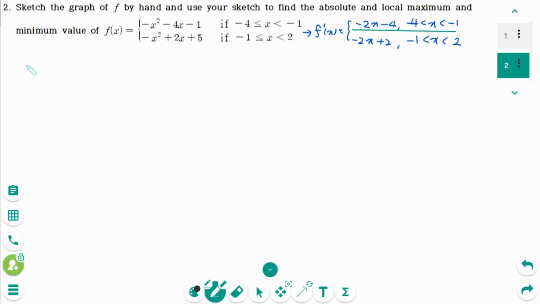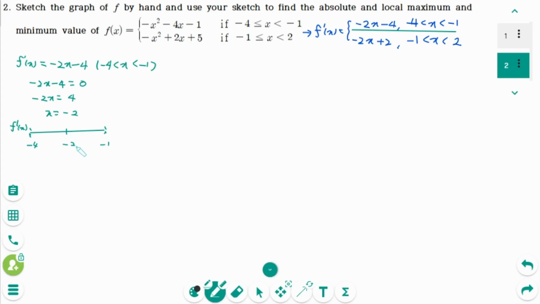Case 1. f'(x) equals minus 2x minus 4 if x is between minus 4 and minus 1. Then minus 2x minus 4 equals 0. Minus 2x equals 4. Then x equals minus 2. The number line is here between minus 4 and minus 1. Then f'(x), minus 2.